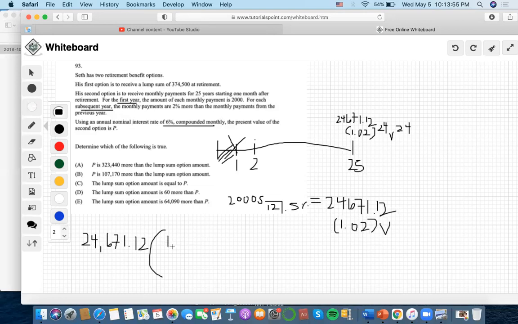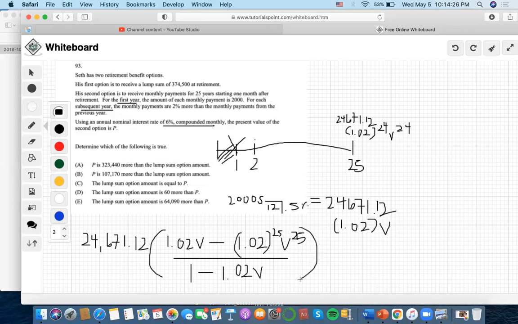So let's just say that the first term is 1.02v minus the first omitted term, which would be 1.02 to the 25 times v to the 25, right? If it were to continue on to time 26, and then 1 minus the common ratio, which would be 1.02v throughout, right? Now let's solve this equation.